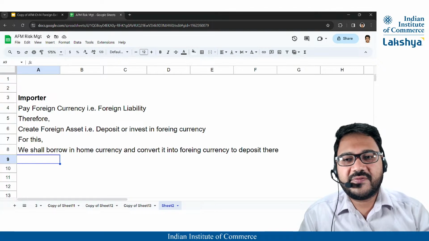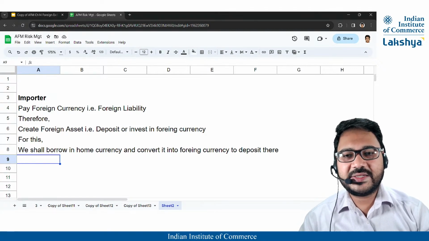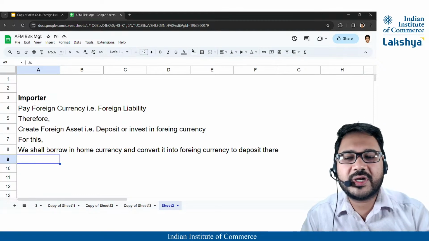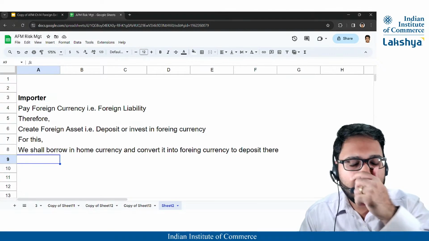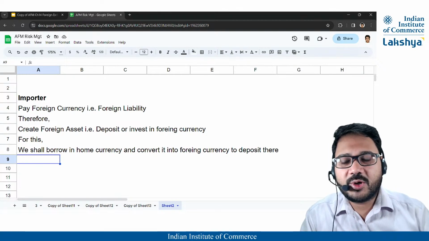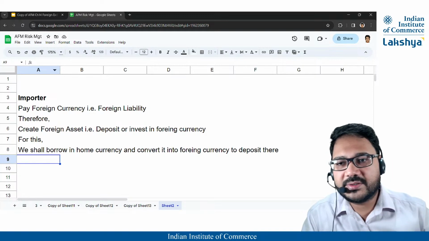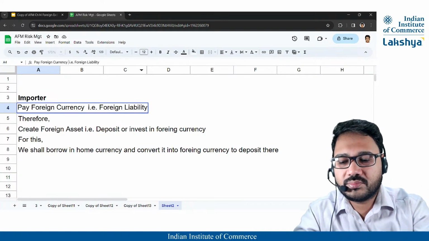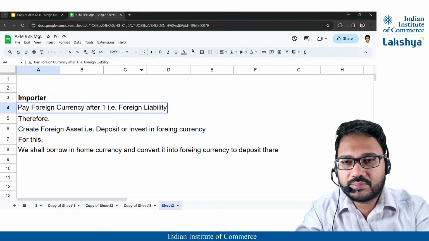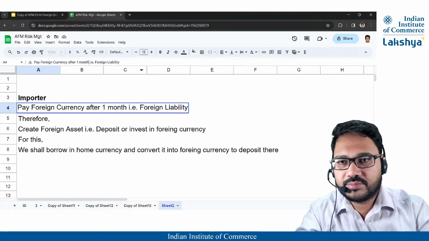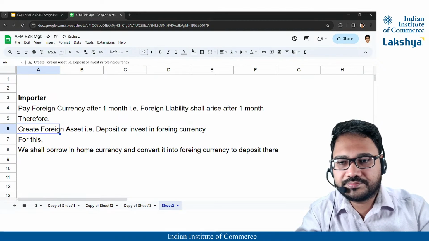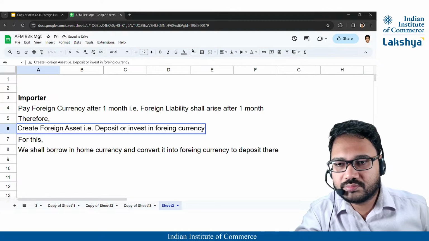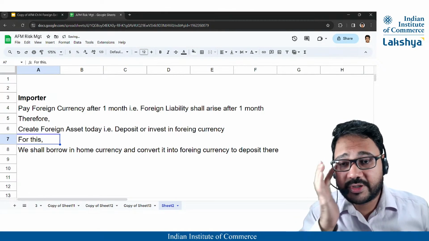The first question you ask yourself is, is there a foreign asset or foreign liability, or do I have to pay in foreign currency, or am I going to receive in foreign currency? Now, if I am to pay in foreign currency as an importer, that means I'm creating a foreign liability. In order to settle that future liability, we will create a foreign asset today.